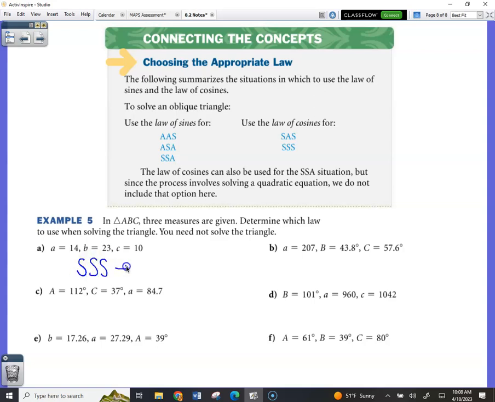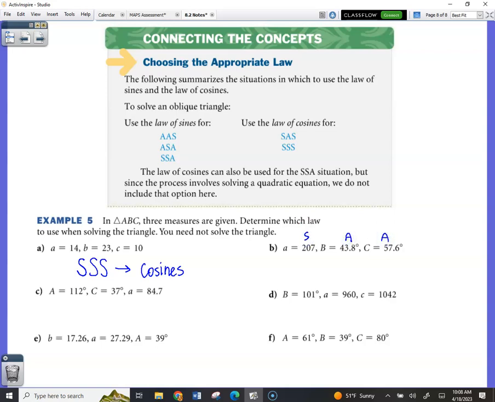So side, side, side is law of cosines. B, we have two angles and a side. This is a side, this is an angle, and an angle.